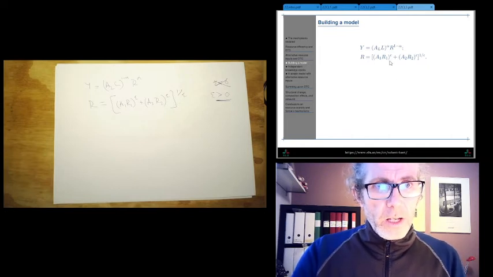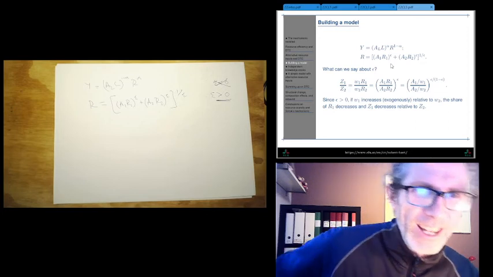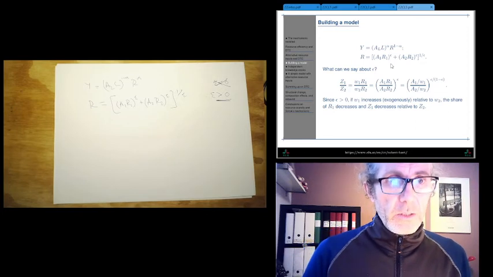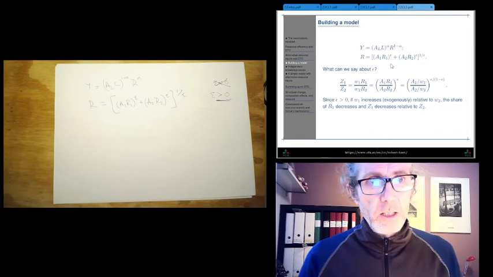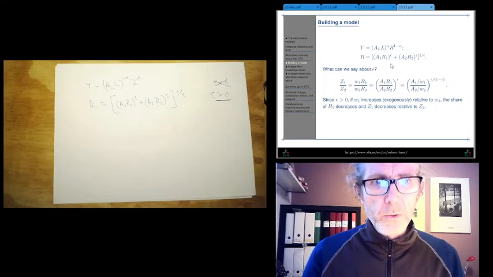Okay, so there's our two key equations. What can we say about epsilon? Epsilon is greater than 0. The math is the same. We end up with the same expression linking Z1 over Z2 to A1, R1, and A1, W1, and so on. So we replaced L's and R's by 1's and 2's.